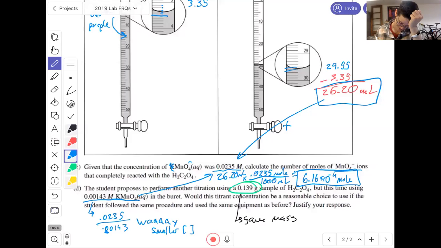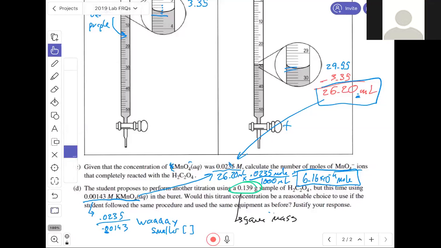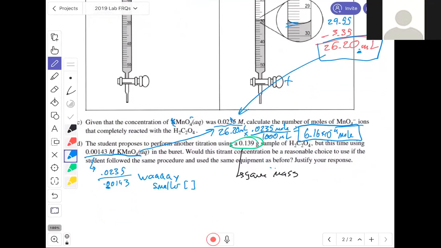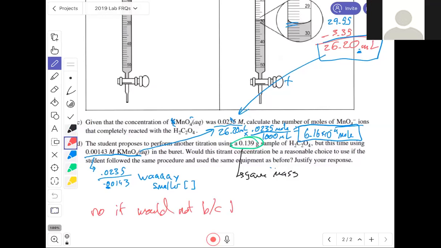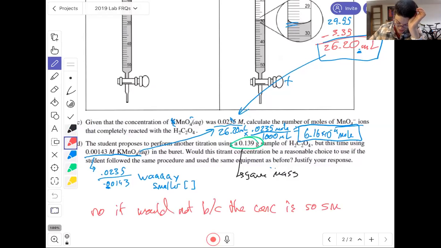No. We're using the same mass here. We basically used half of our burette with this concentration. So the answer is no, it would not, because the concentration is so small that you would run out of solution in the burette.